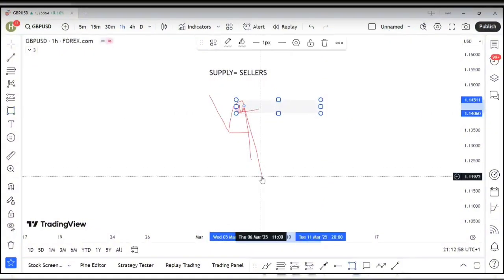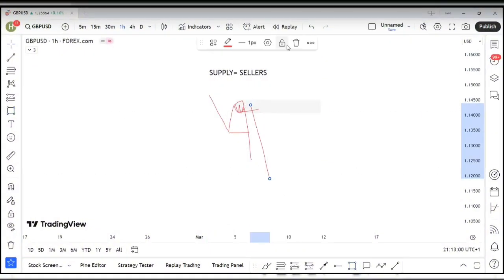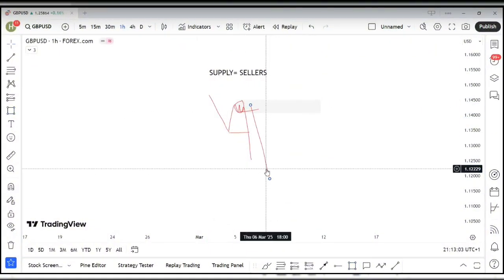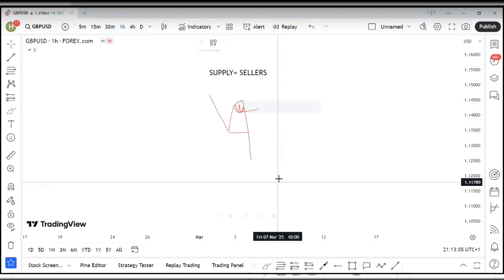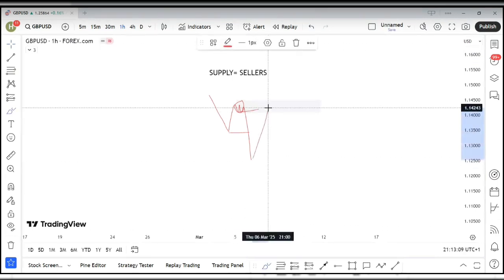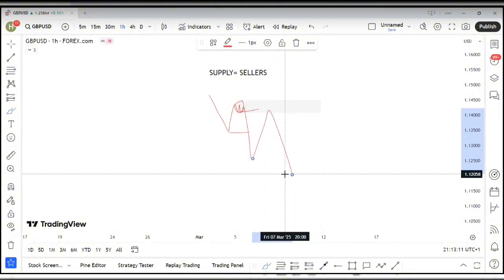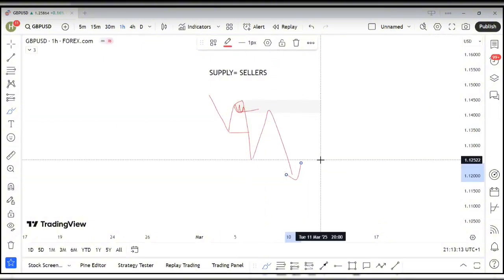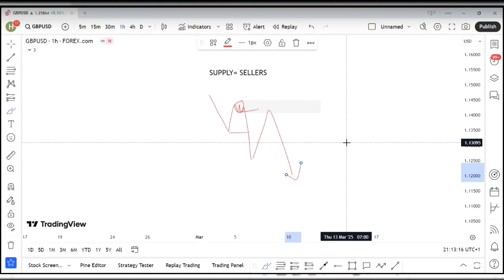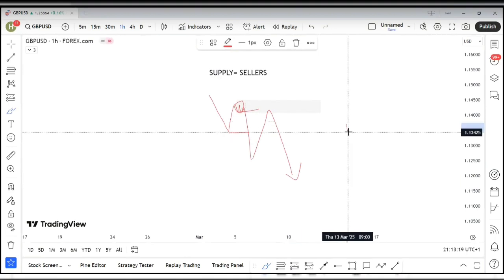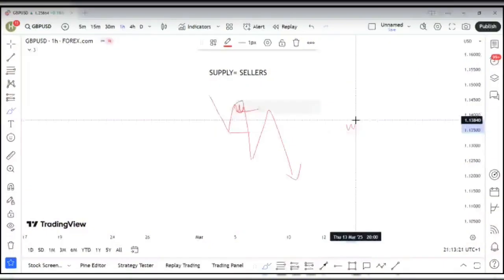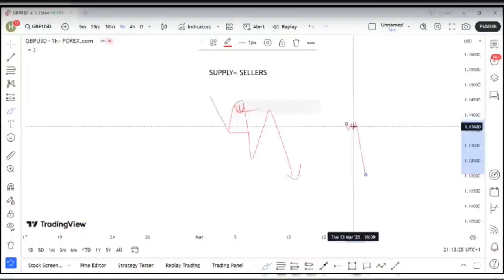We expect price to come back, to pull back and trigger those limit orders that are left in this supply zone before the continuation of the move. Are you getting me? It's a zone where price was ranging, then the sellers take control and push price lower. So this zone here is our supply zone.